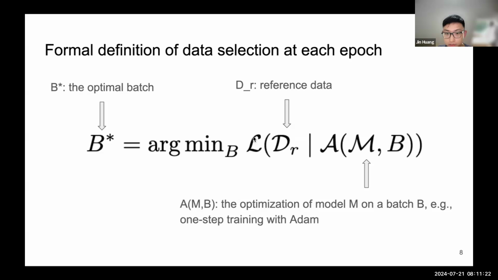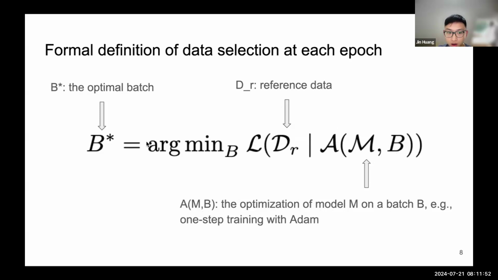And we're minimizing this loss on this reference data based on this A and B. The M here indicates the model state, and the B here is the batch of data that we're trying to find. And the A(M, B) here means the optimization of this model on this batch B with one step of training.